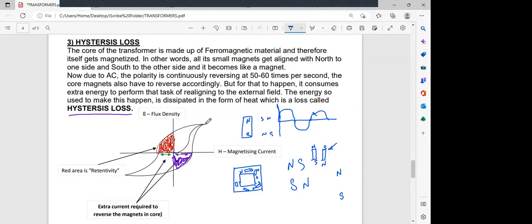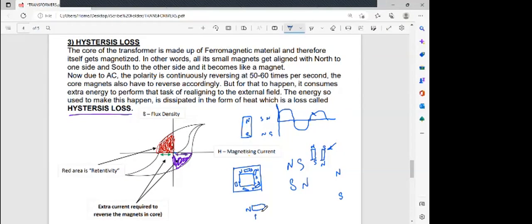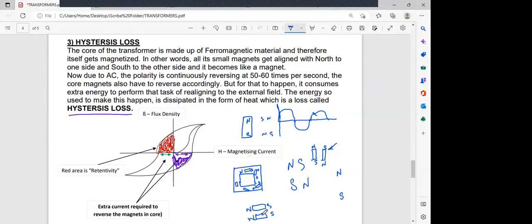Finally, at this particular point, all these tiny magnets will be arranged in such a way that you have all north one way and all south pointing in the other direction. At this point, we say that saturation has been achieved.